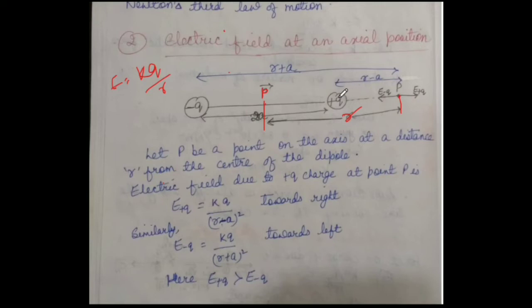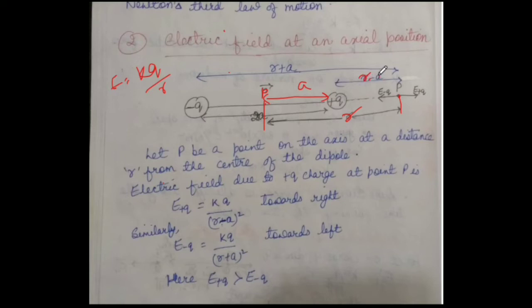So what is the distance of this plus q charge to this point P? From the midpoint of the dipole, the distance is r, and the total length of the dipole is 2a, so this part becomes a. Total is r and this one is a, so from this plus q charge, the distance to point P becomes r minus a.